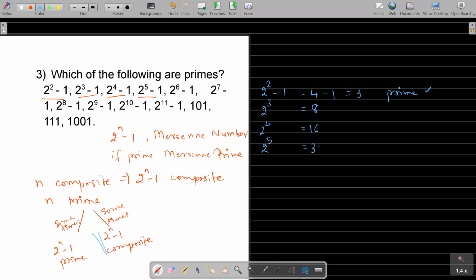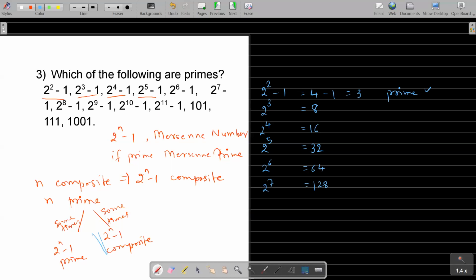2 raised to 5 is 32. 2 raised to 6 is 64. 2 raised to 7 is 128.